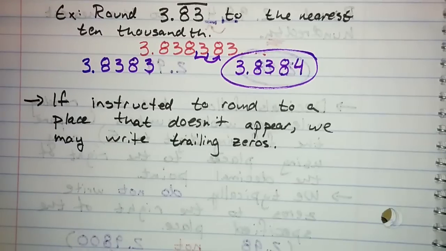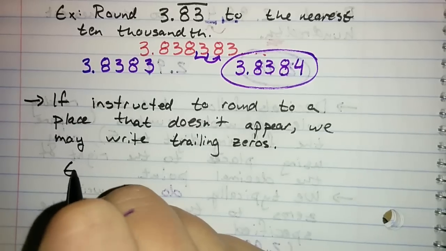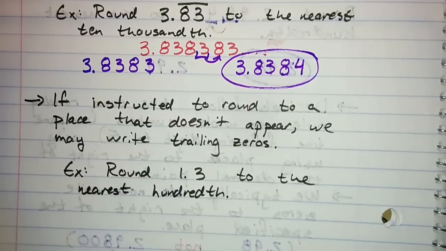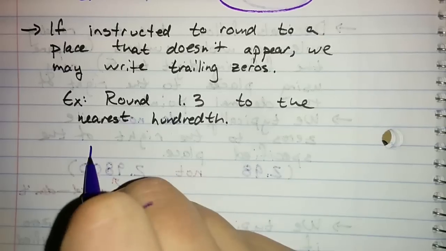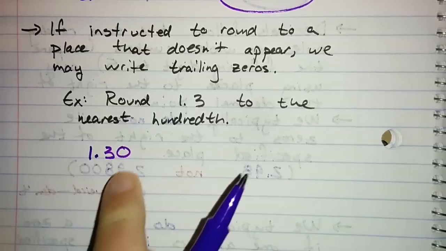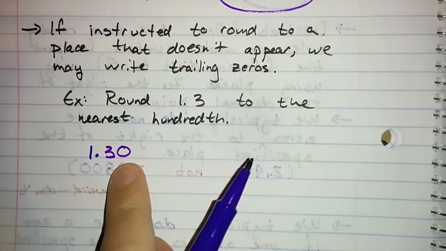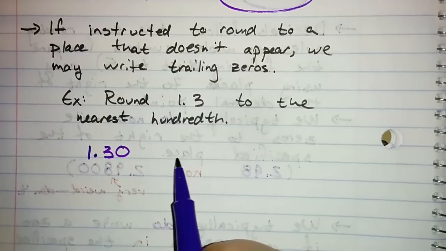And finally, we'll sometimes have a rounding instruction that doesn't do anything. If we're instructed to round to a place that doesn't even appear in our number, we may write in trailing zeros, or we may just leave it. So for example, suppose we wanted to round 1.3 to the nearest hundredth. Well, if we wanted to, we could write 1.30, writing in the trailing 0 in the hundredths place.